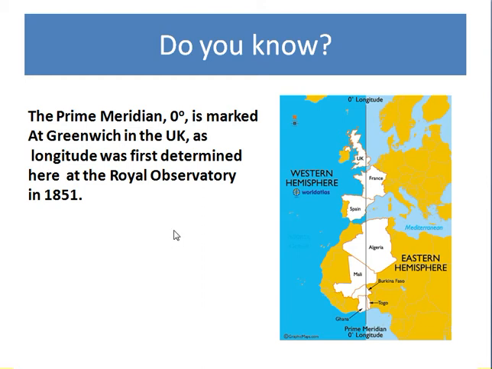So this is how Greenwich is determined to be the standard time of the world, and according to this line we count the days forward, and at the back side we count the days backward, or the time passes, or the date passes from this line.